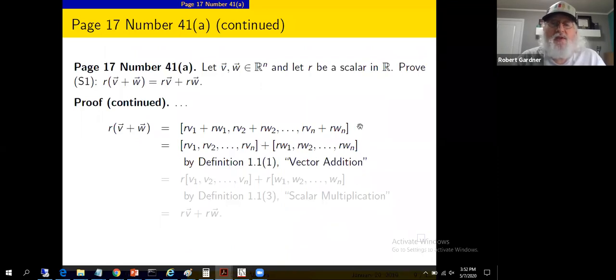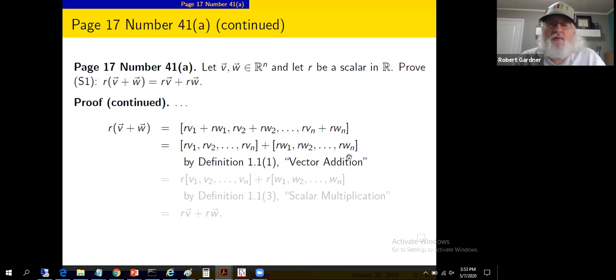Here's what we had on the previous slide. Well, then we can collect together the first numbers and the second numbers into constituent vectors. That's the definition of vector addition again. All right. Now we've got it as a vector sum. We got only V's in this one and only W's in this one.